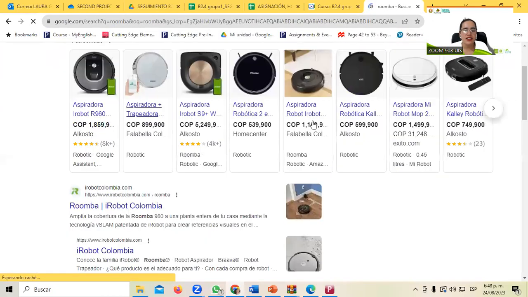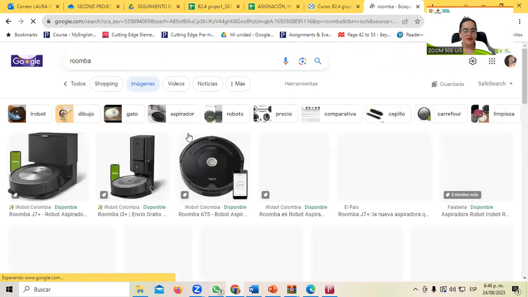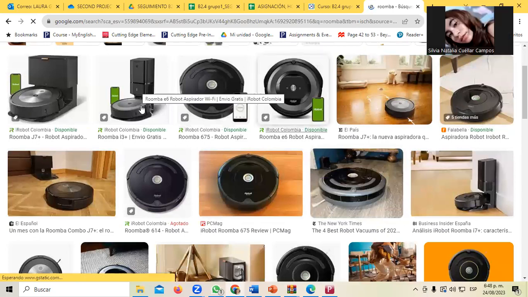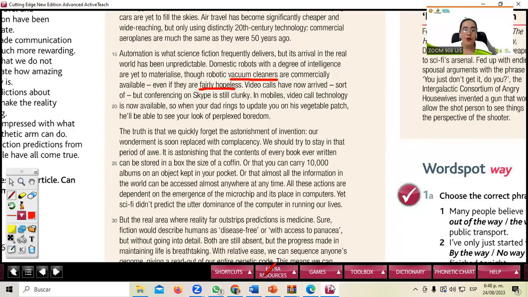These robotic cleaners. Have you seen some of them? Yes, teacher. This is a robotic vacuum cleaner. So he's saying that they are fairly hopeless. So they're kind of useless. They do not have much ability, okay?